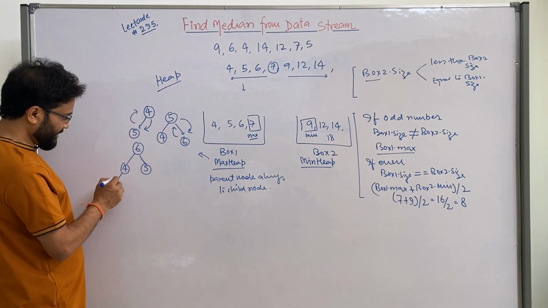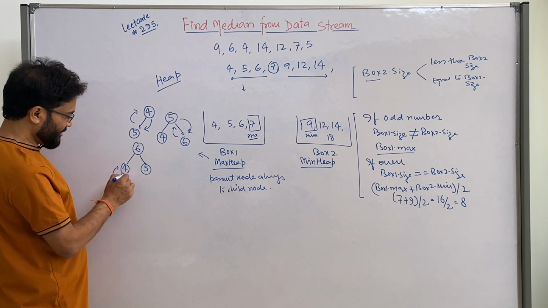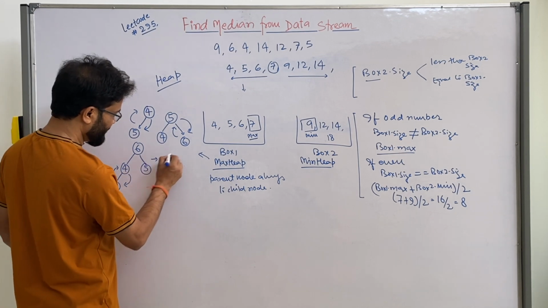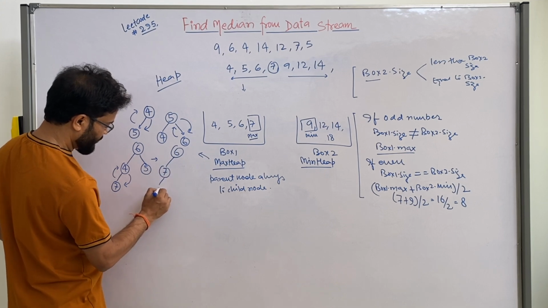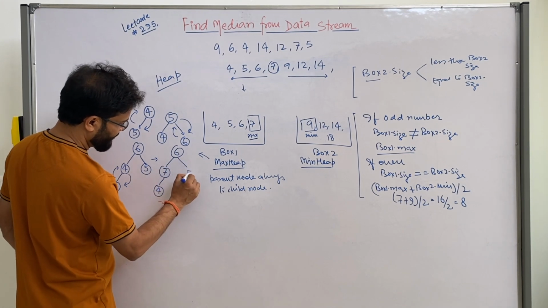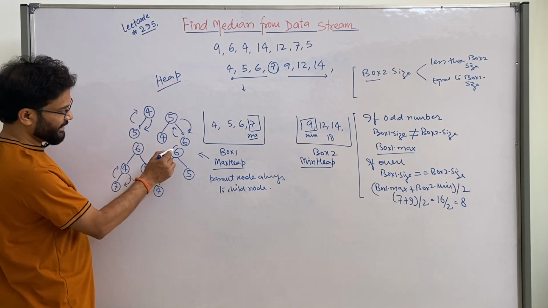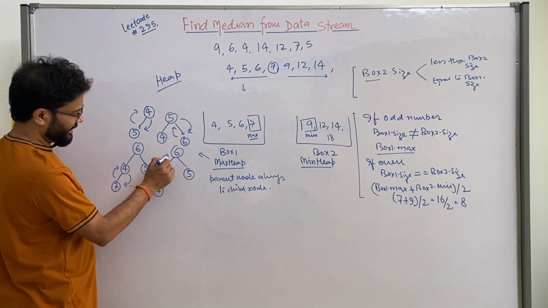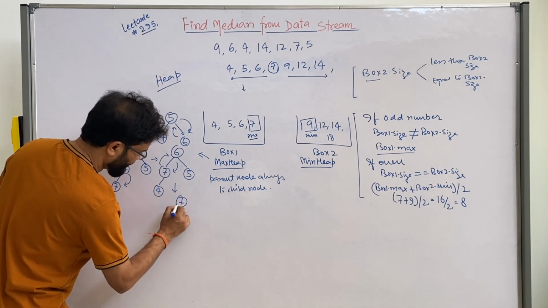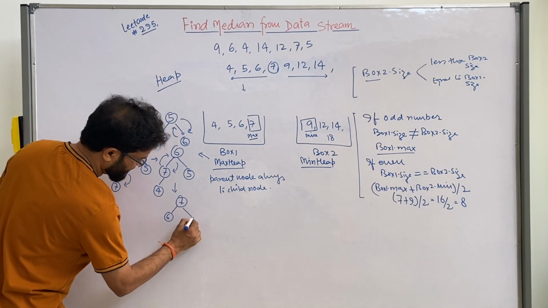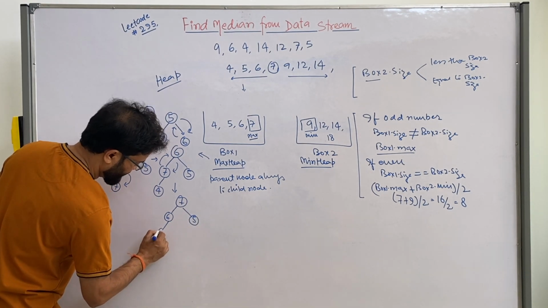But again, if you check, the parent is smaller, so we need a swap. If you make the swap, 7 will come here, 4 will come here, and 5 will come here. But now if you check, the parent is smaller between 6 and 7, so again a swap will happen, and this becomes 7, 6, 5, 4.